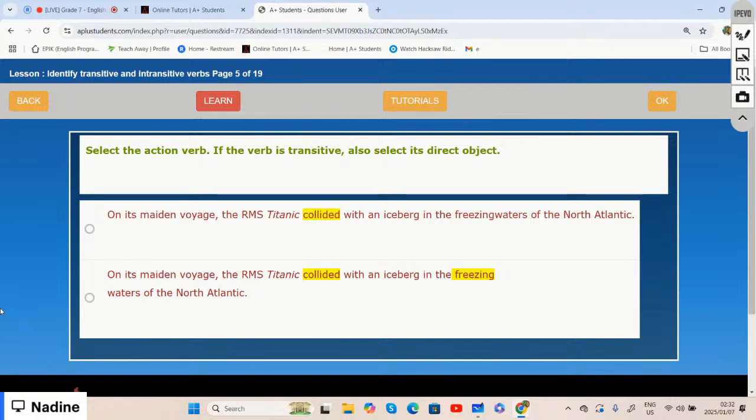We need to select the action verb, and if the verb is transitive, then we need to select the direct object. It says, on its maiden voyage, the RMS Titanic collided with an iceberg in the freezing water of the North Atlantic. So we need to select the verb that is transitive. Is it option one, collided, or option two, collided and then freezing?